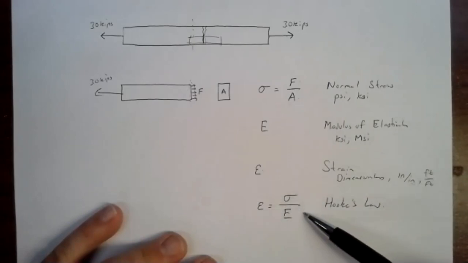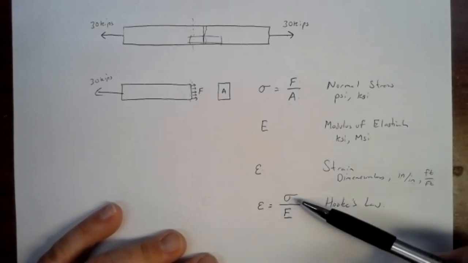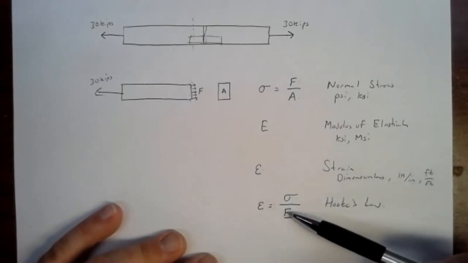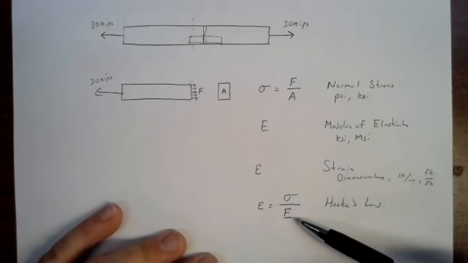This is roughly similar to something like Newton's second law. It's a way of describing how a system reacts when you put forces on it. In this case, it says that when we apply a force, we're going to get some amount of deformation. How much deformation will depend on how stiff the material is.